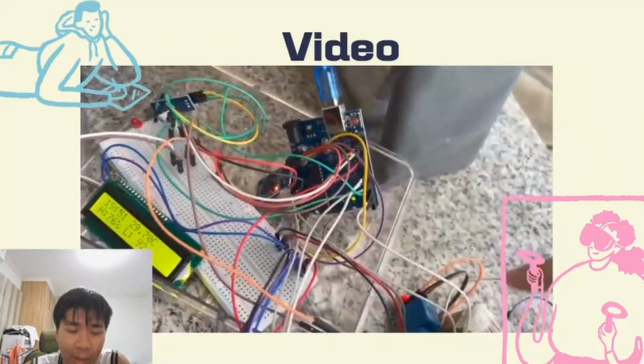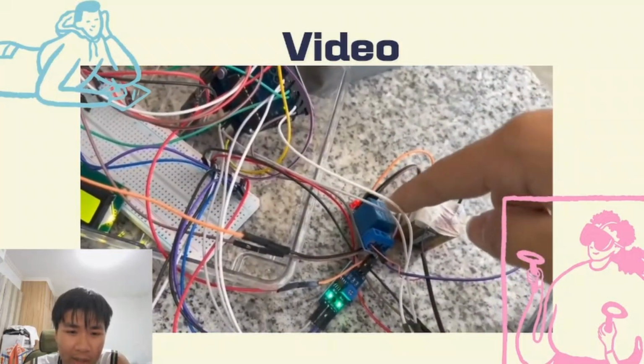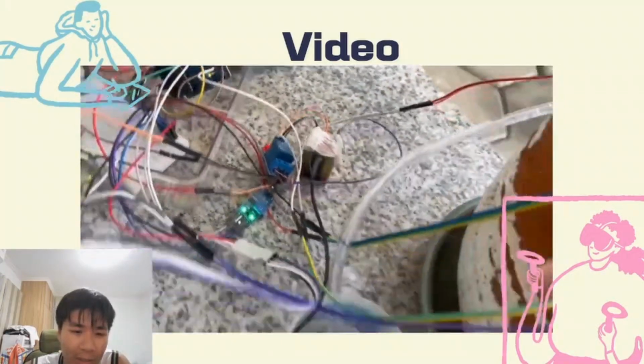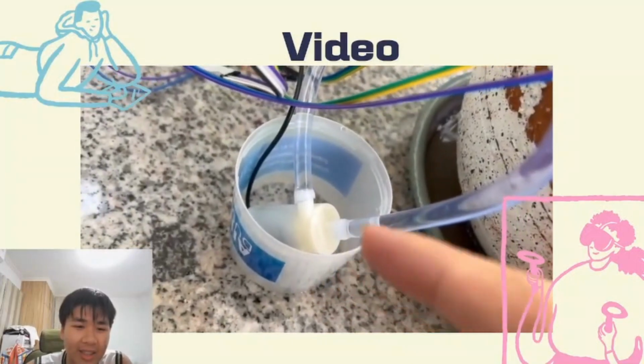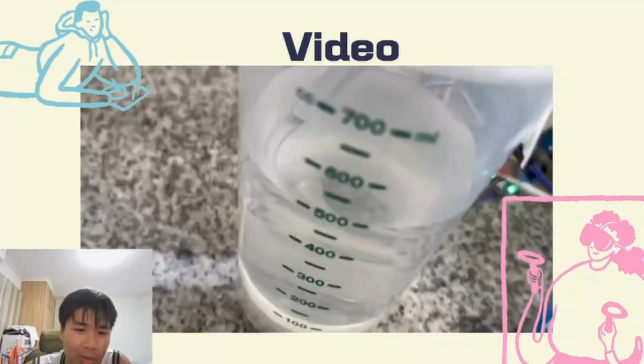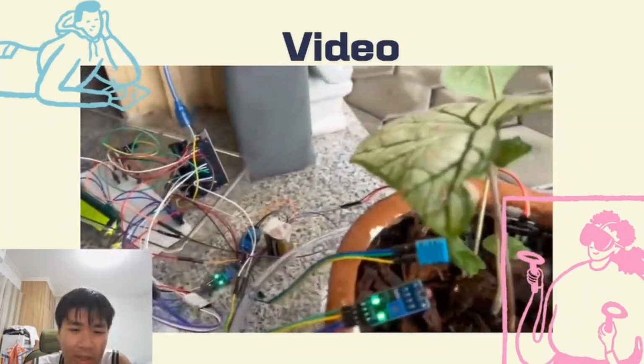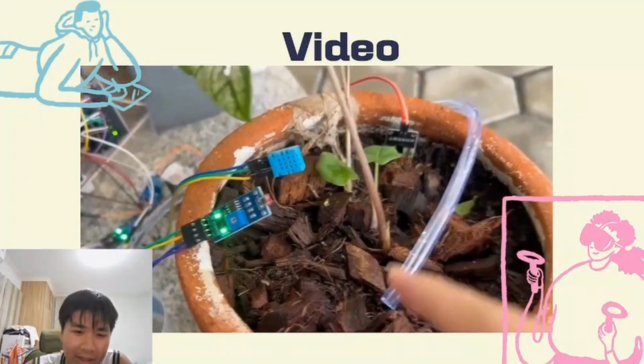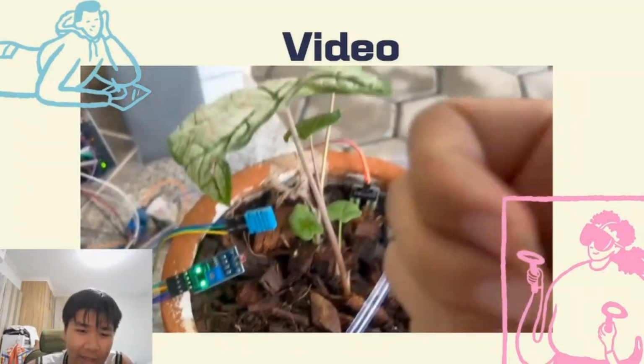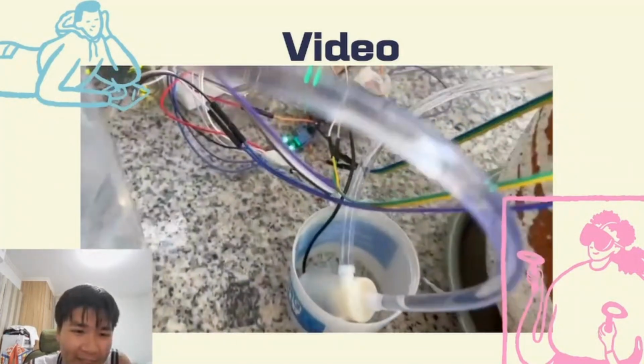Then the component will run. The relay will run together with the 9 volt. It will start the water pump to suck the water from the water container into the plant. Yes, right here, into the dirt, and the plant will be happy.